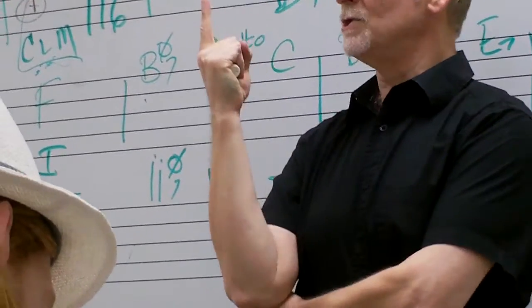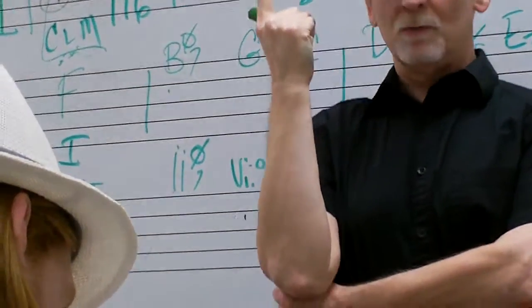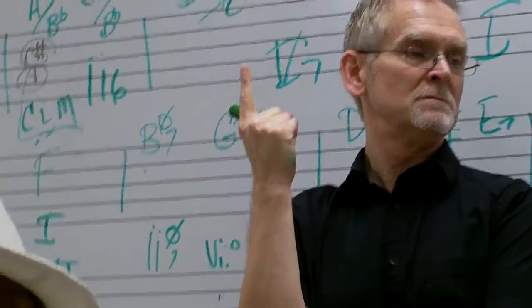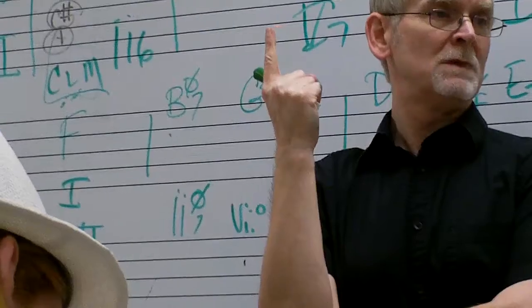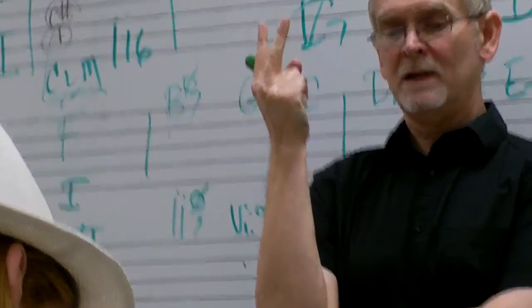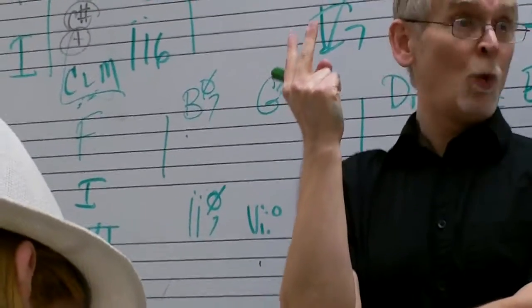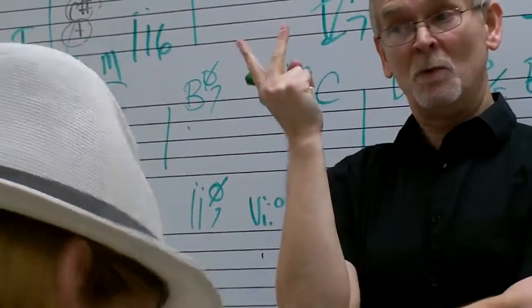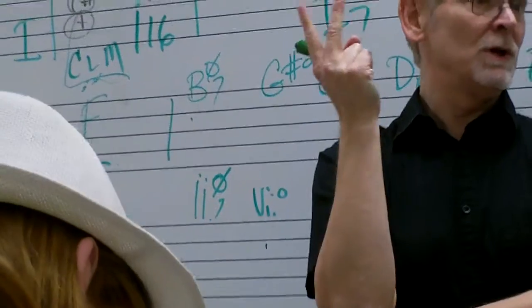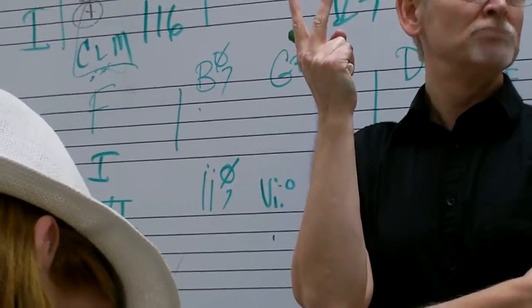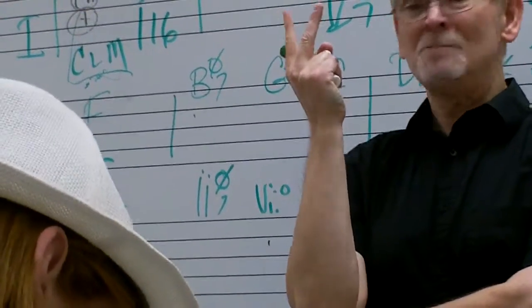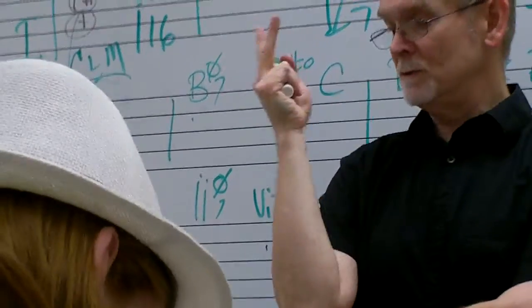Since it's non-functional, it should not have a Roman numeral. Secondly, most of the time you can analyze it away or explain it away as a bunch of chromatic non-chord tones.